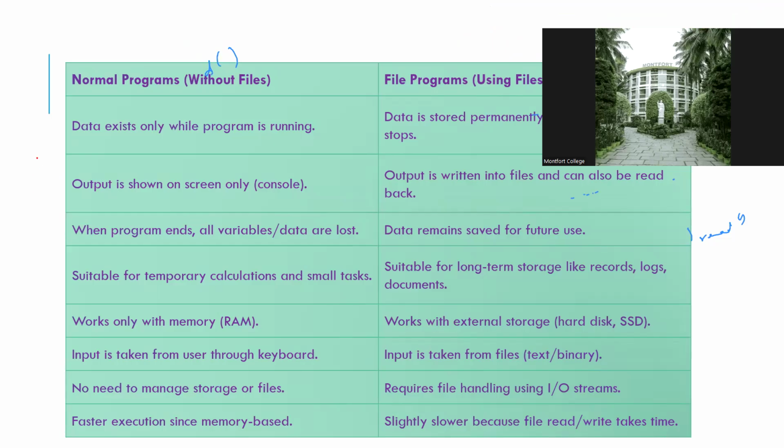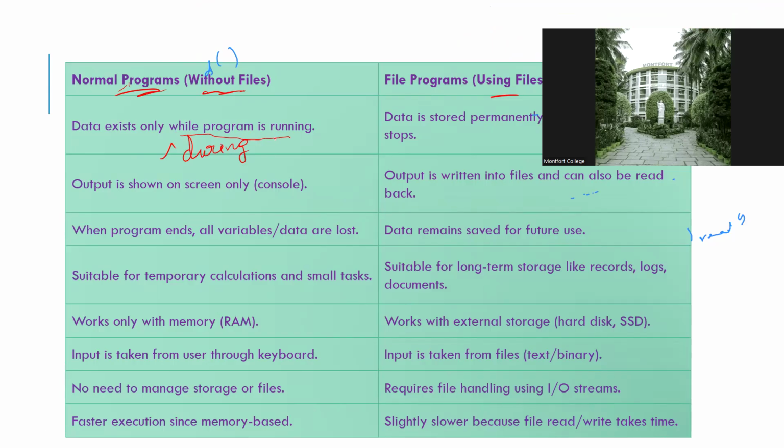On the next slide, you see the difference between normal programs and file programs. Normal programs are without files; this one is using files. In a normal program, data exists only while the program is running. Of course, when we execute a program, the data exists during the execution.